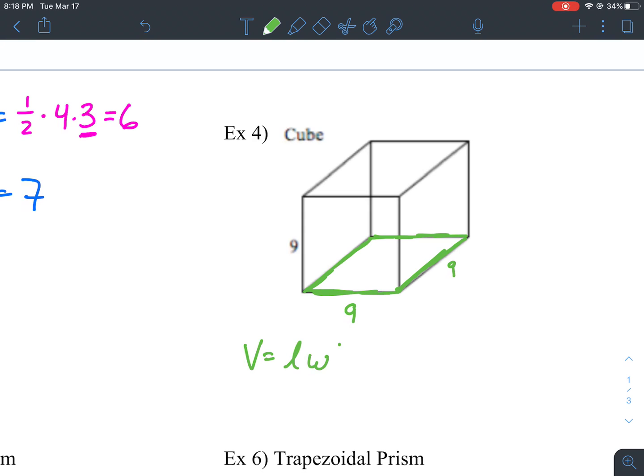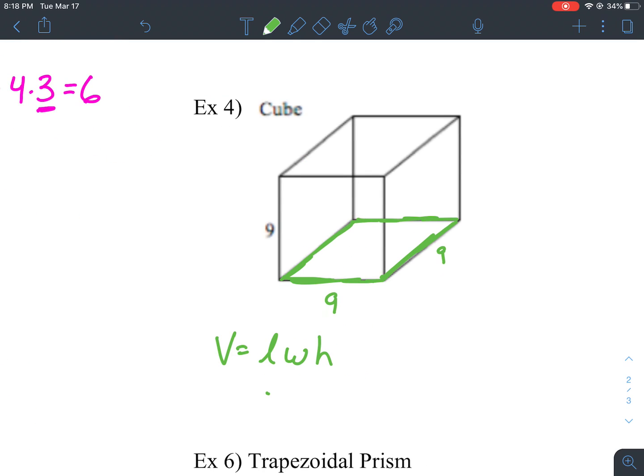use my volume formula, length times width times height. The length is 9. The width is 9. The height is 9. We can also think of this as 9 cubed, which kind of helps explain how this shape got its name. It's the same dimension cubed, length times width times height.